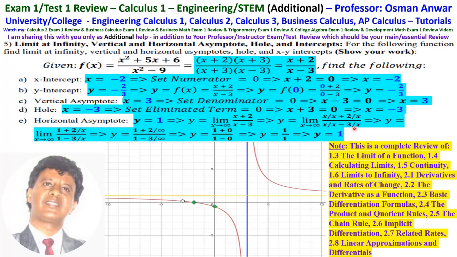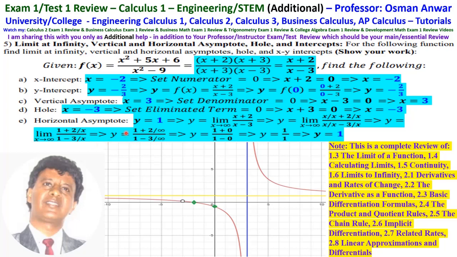x. Then this becomes the limit as x approaches infinity of x over x plus 2 over x over x over x minus 3 over x. So this is the limit as x approaches infinity of 1 plus 2 over x over 1 minus 3 over x.